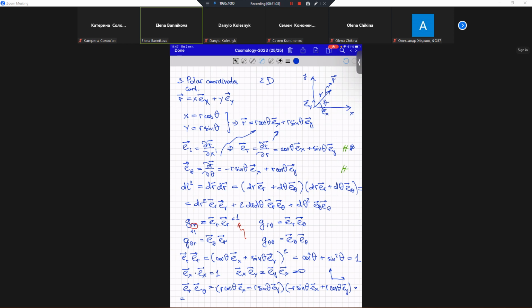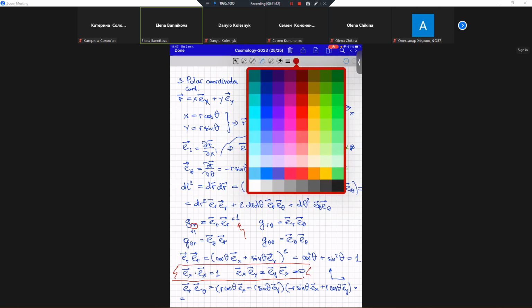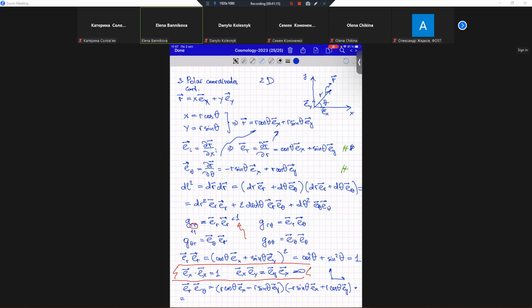I will take into account only the summands where we repeat the multiplication e i e i. So it will be minus r cosinus theta sinus theta, plus, from ey twice, plus r sinus theta cosinus theta, which is equal to 0.